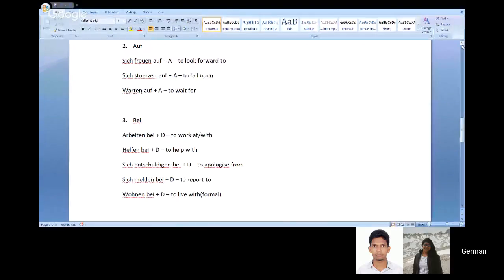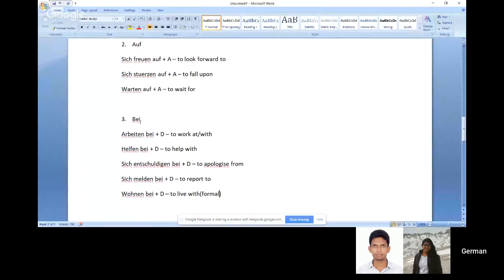Okay, so these are a few verbs associated with "bei" and a few associated with "auf". Over here, "bei" is a dative preposition which means with, but it is used as "with" only for these two verbs. Over here, it is changing to apologize to and not to apologize with, or to report to.